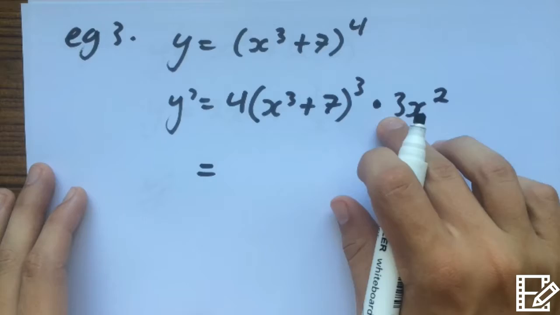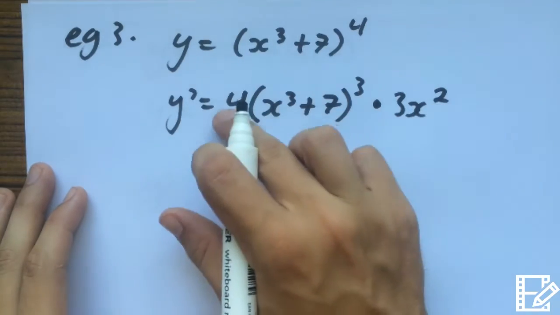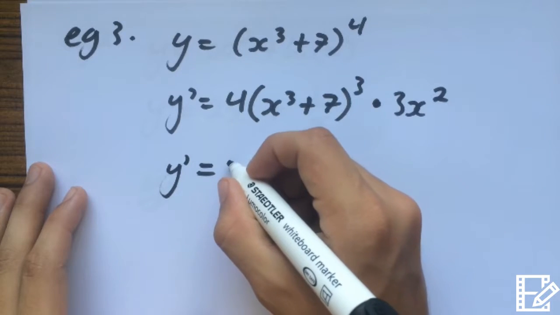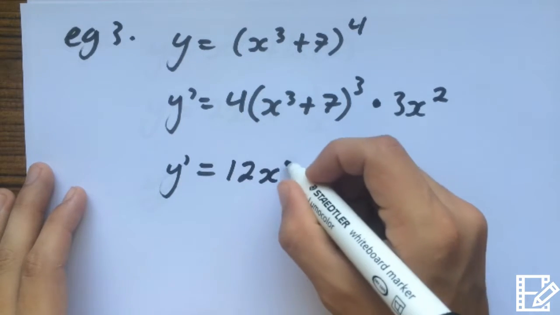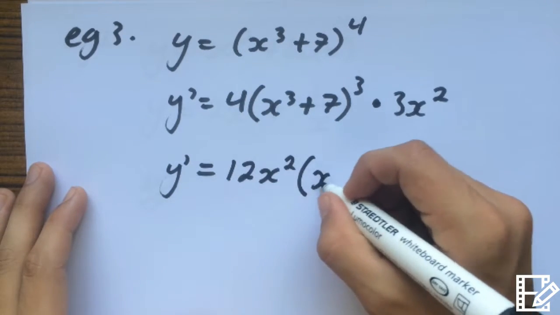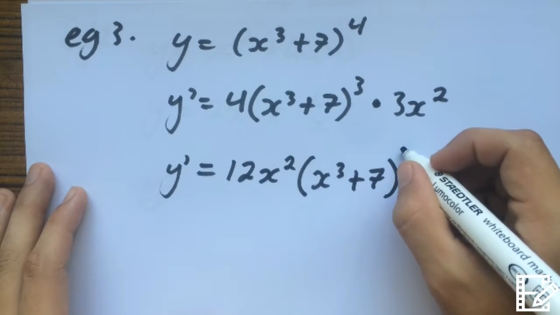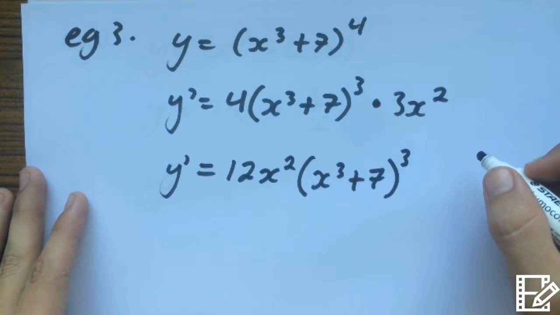Simplifying it, we can multiply the 3x squared onto the 4 at the front, and we'll end up with 12x squared bracket x to the power of 3 plus 7 all to the power of 3.